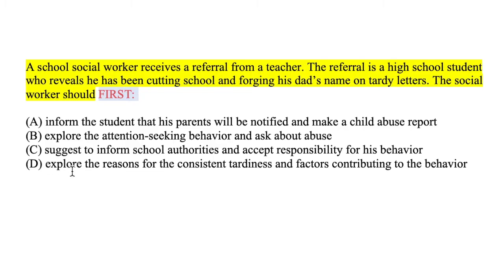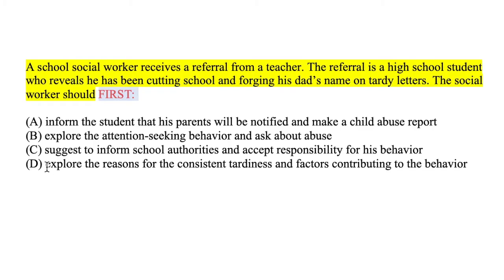Option D, explore the reasons for the consistent tardiness and factors contributing to the behavior. Okay, well, that seems pretty reasonable. There's consistent tardiness going on, and there is some concern here about the student's behaviors in cutting school, being late to school, forging. So we want to know what this is. We are clinicians who assess situations and assess behaviors.